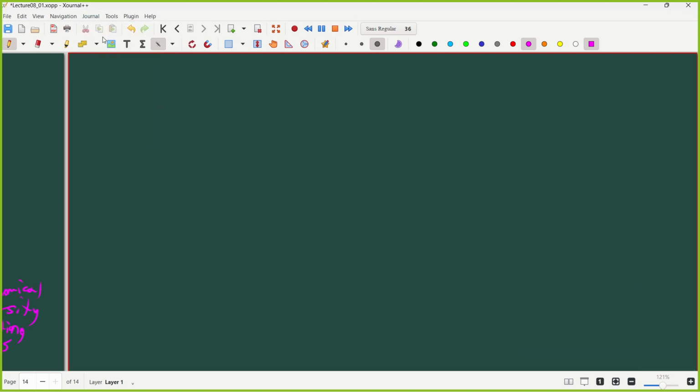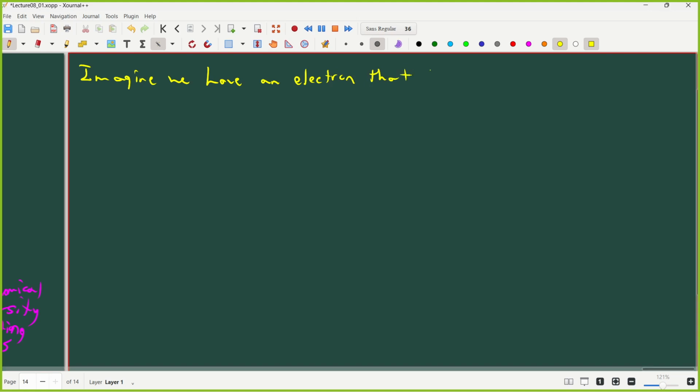So the way I want to introduce this final postulate is to ask this question. Let's imagine we have an electron that is pure white. We'll go back to the problem set.